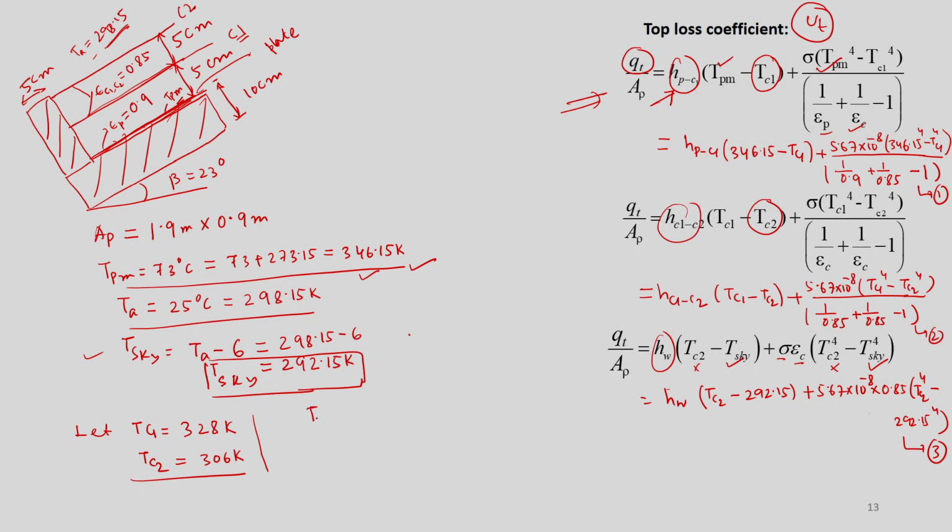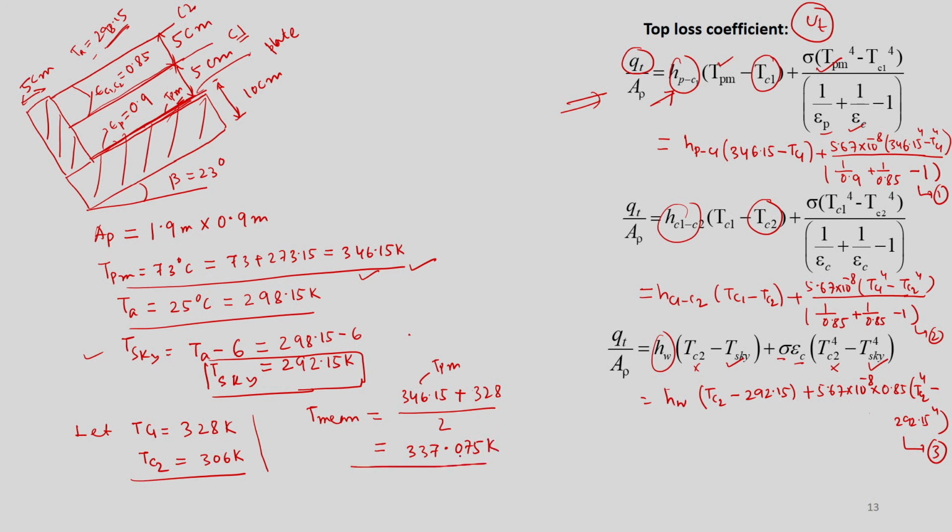So, this T mean will be 346.15, which is nothing but TPM, plus we have this TC1 is 328, divided by 2, which will give us a value which is equal to 337.075 to be precise in Kelvin.